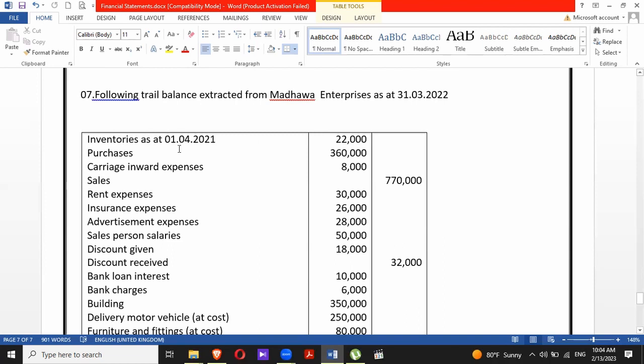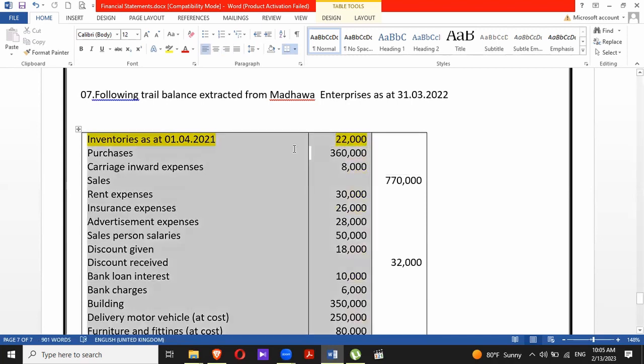Even though stock comes under assets, opening stock is needed to calculate cost of sales, so this will come under the profit or loss statement. All the yellow highlighted items should come under profit or loss.